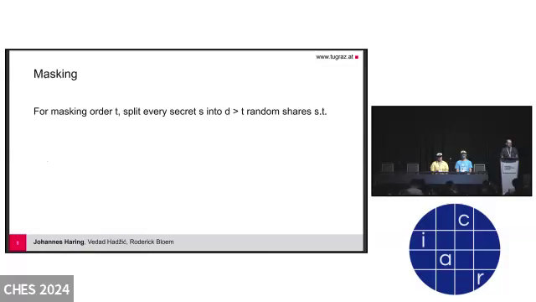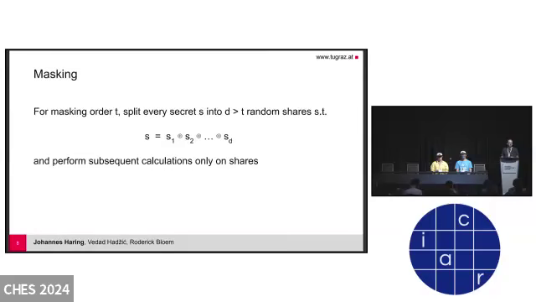To avoid this, we employ masking. For instance, if we have order T masking, we split every one of our secrets into D random shares. And we do this in a way that when we XOR all of the shares together again, we get the original secret.